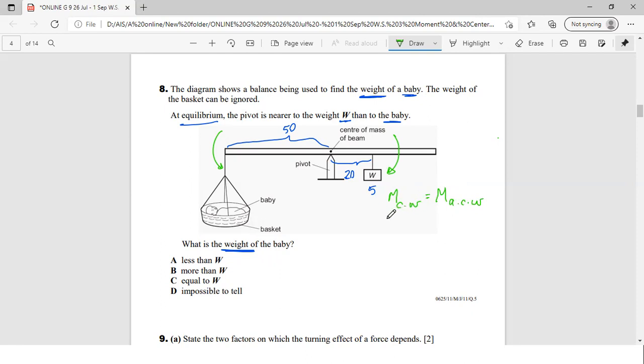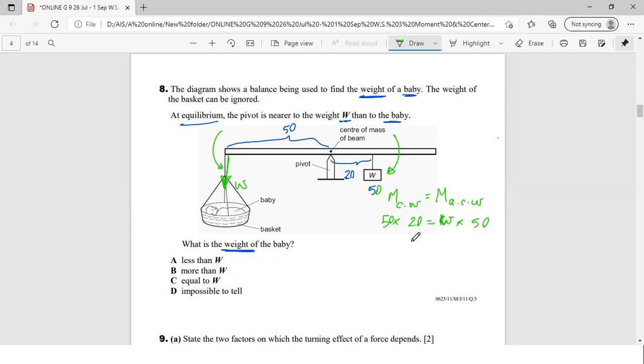Moment clockwise, the force, let's say the weight is 50 Newton, multiplied by the distance, which is 20, not necessary to convert it into centimeter, equals the weight of the baby, small w, which acts here, multiplied by the distance of the baby from the pivot, which is 50.